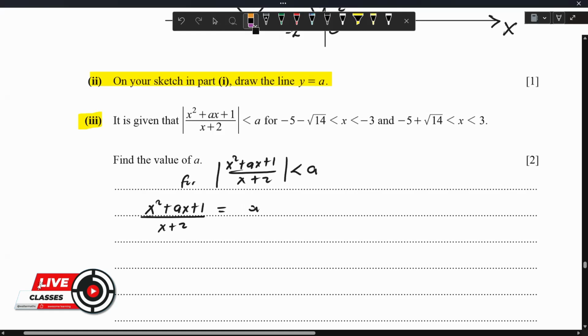Essentially, it is going to be equal to minus a, and (x squared plus ax plus 1) over (x plus 2) is equal to positive a. So this is essentially what we have.